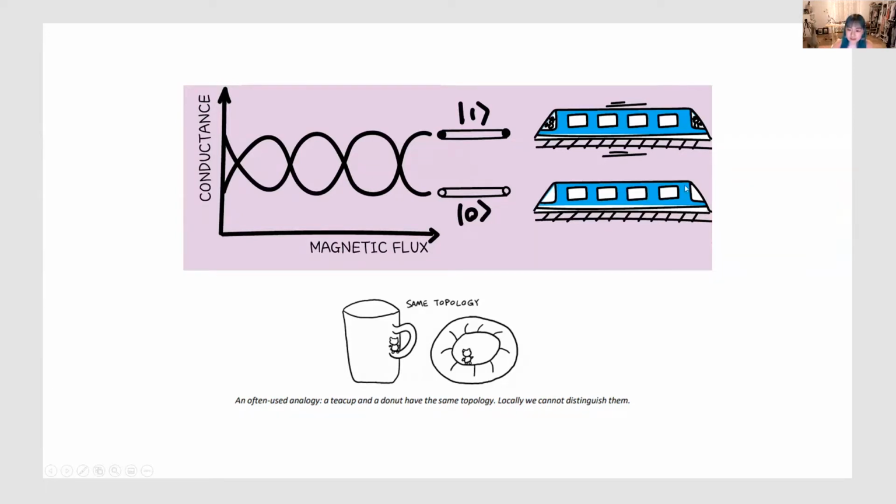But another case would be no drivers and the train is sitting still. So that is a different state. And it doesn't matter how many people are inside, but having the drivers on both ends would make it conduct. This is just a metaphor.